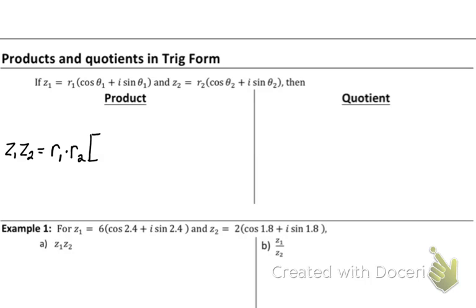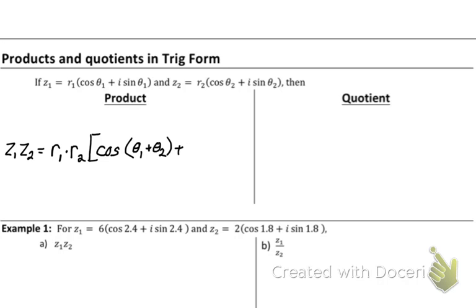All right, good start. Now we're going to take that cosine, add it in there. We're going to add the arguments. The arguments are our 2 thetas. So we're going to add theta 1 plus theta 2. And whatever I do to cosine, I'm going to do to sine.